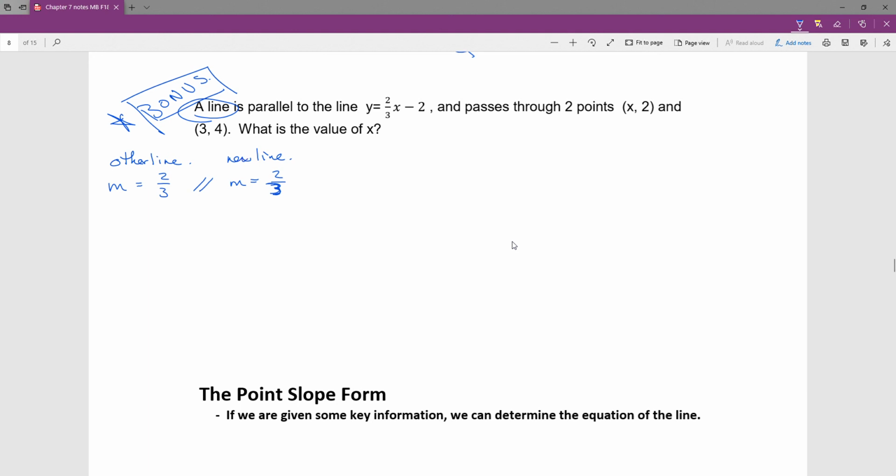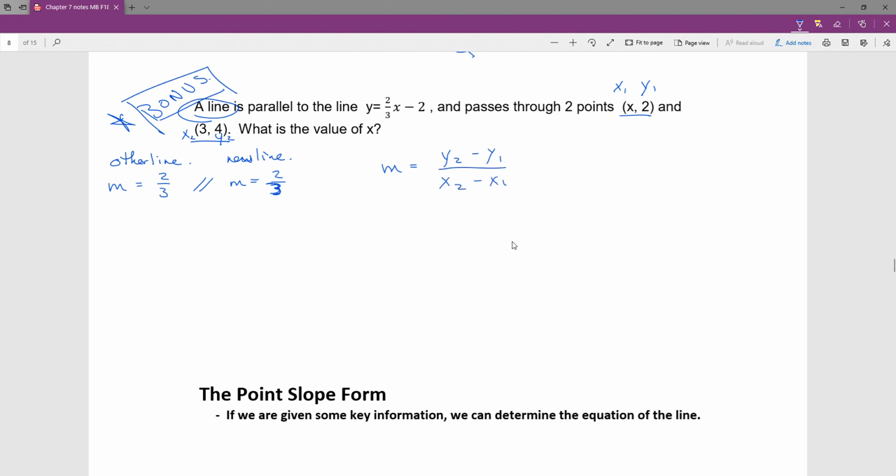So we have a new line with the slope given, and again we have these partial points. So this would be x1 and y1, and this would be x2 and y2. Again, what I'm dealing with is that m equals y2 minus y1 all over x2 minus x1.